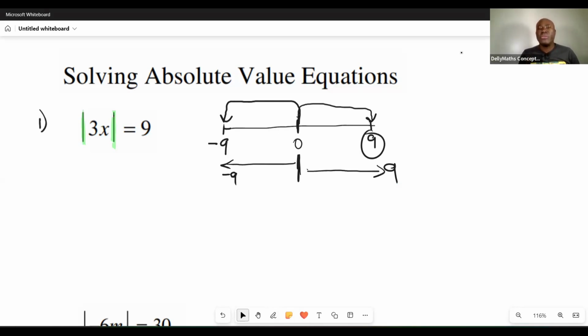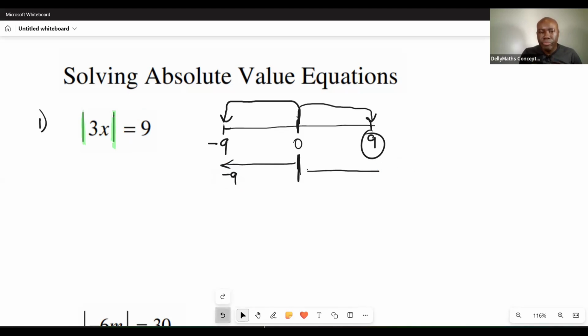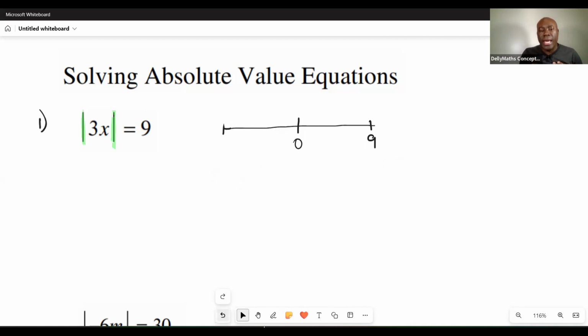So when we're about to evaluate this, there are two numbers we have to take into consideration, -9 and +9, because both numbers are 9 units away from 0.